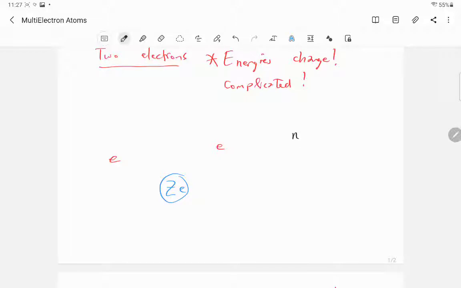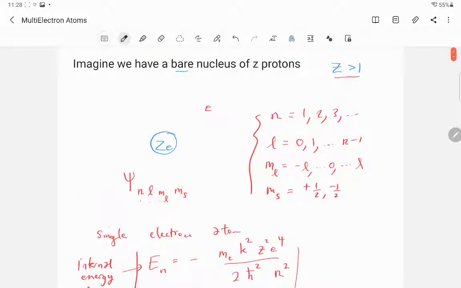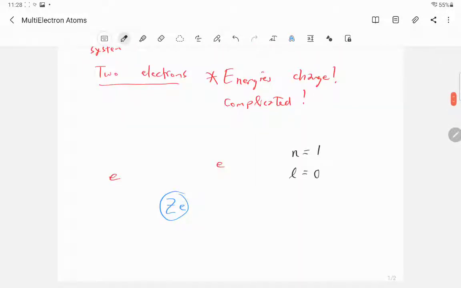Let's say that n is 1, the lowest energy shell. We only get one choice of l because l takes values from 0 up to n minus 1. So if n is 1, then n minus 1 is 0, so the only option for l is 0. And then m sub l can only be 0.